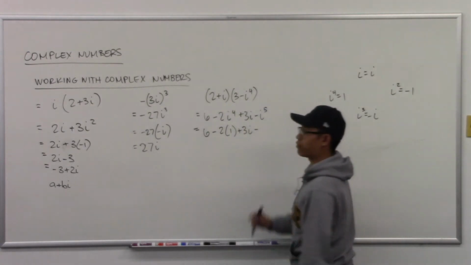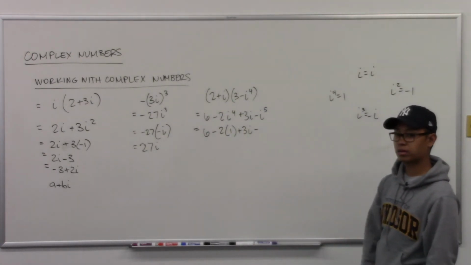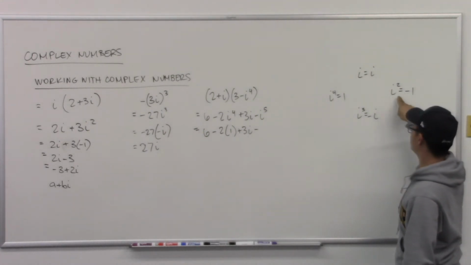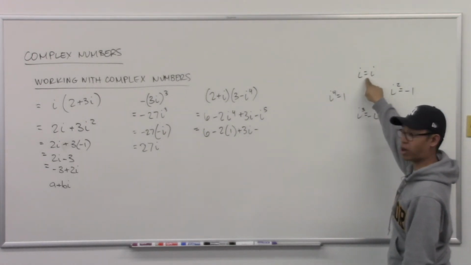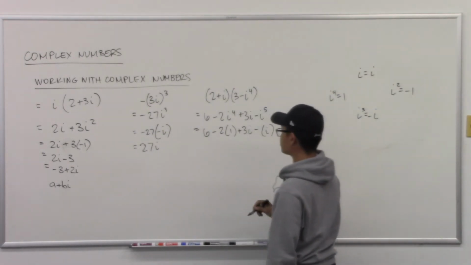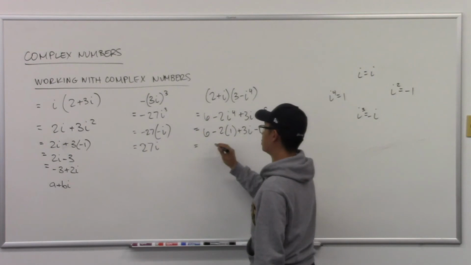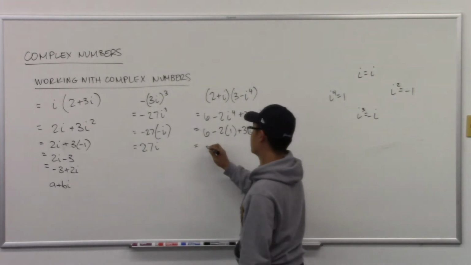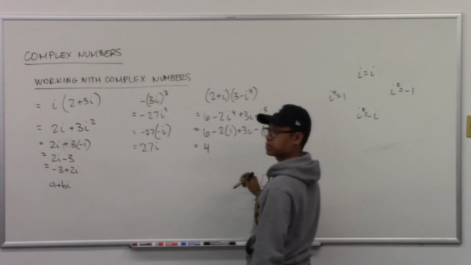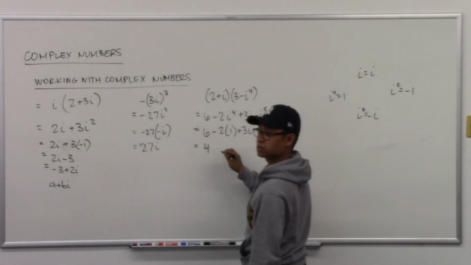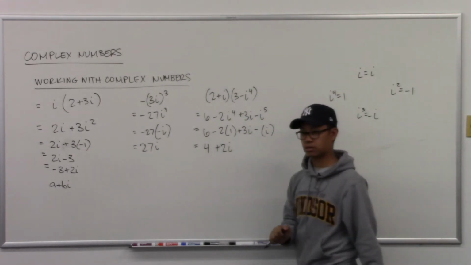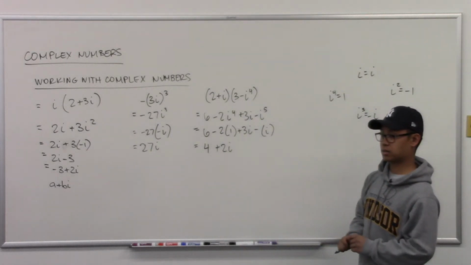And i to the 5. So what do we do with i to the 5? The way i to the 5 works is you start here. You go 1, 2, 3, 4, 5. 6 minus 2 is? 3i minus i is? Yes. Okay.